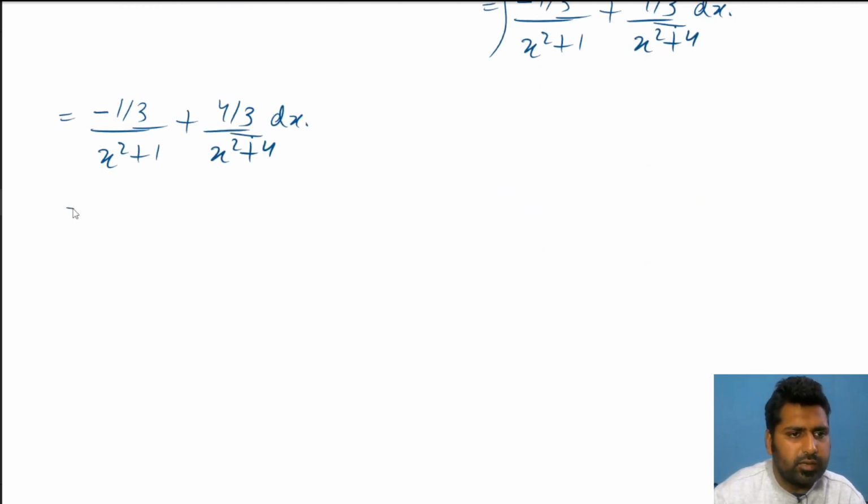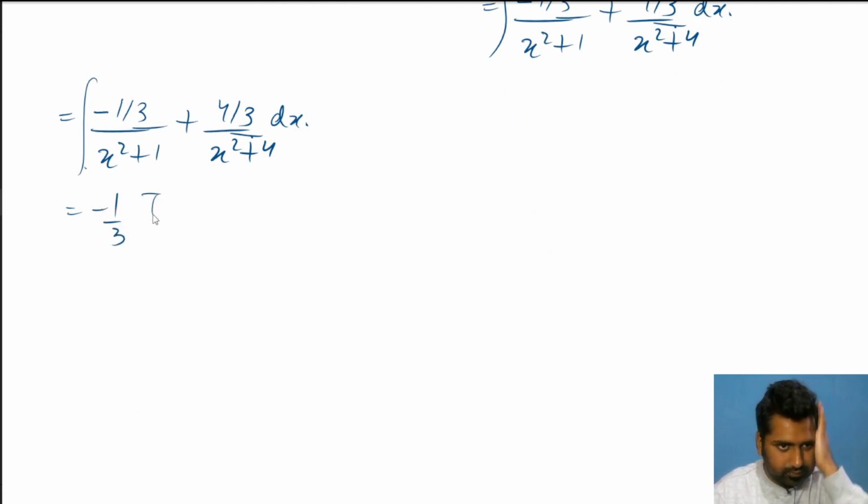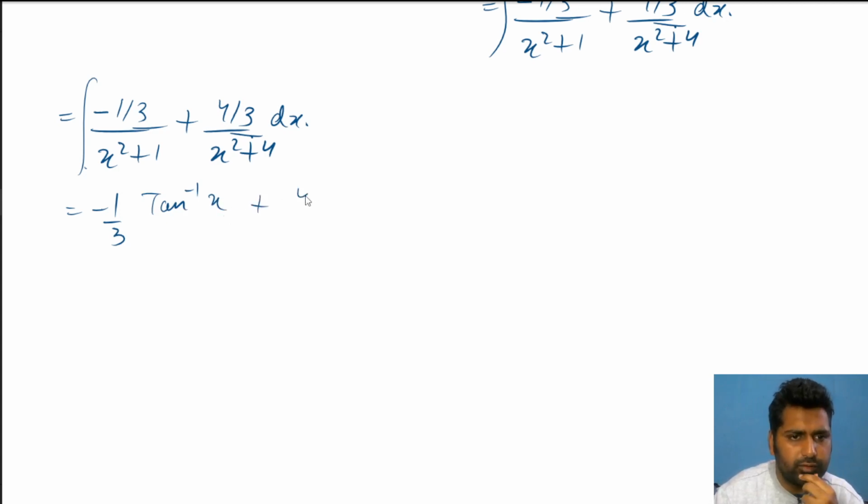So minus 1 by 3 as it is, integration you have to do now. What is integration of 1 upon x square plus 1? Tan inverse x. Plus again 4 by 3, and it is 1 by a, so this is again x square plus a square. A square was 1, a was 1; here a square is 4, a is 2, so 1 by a for this, so 1 by 2 tan inverse x by 2, plus c.